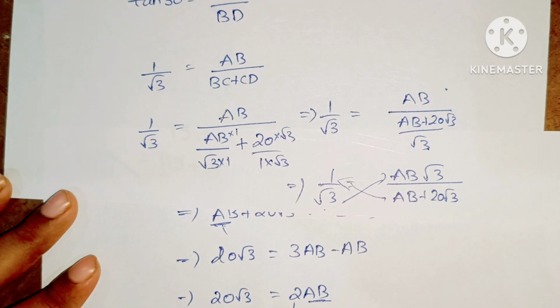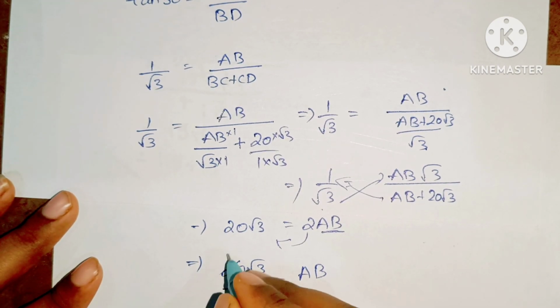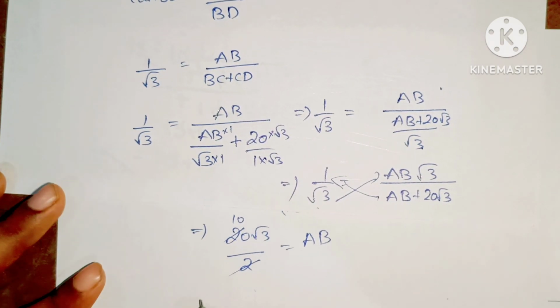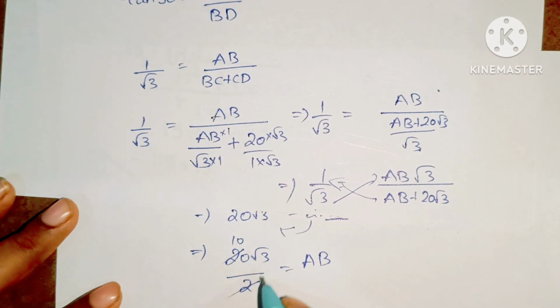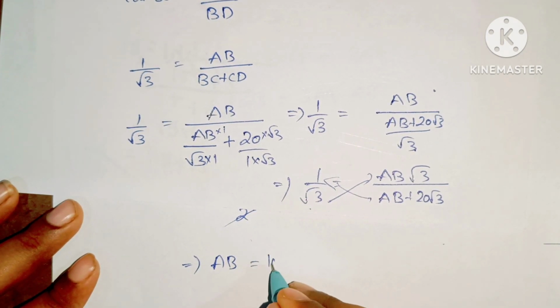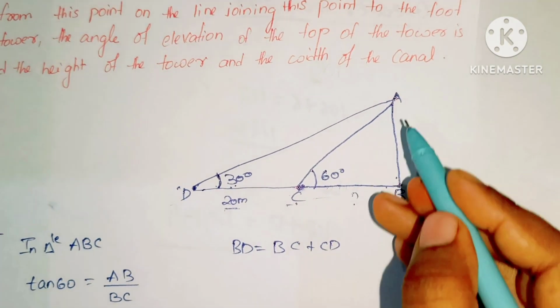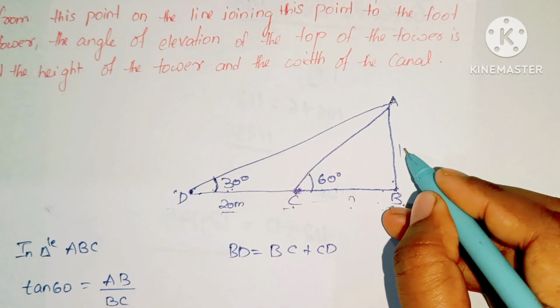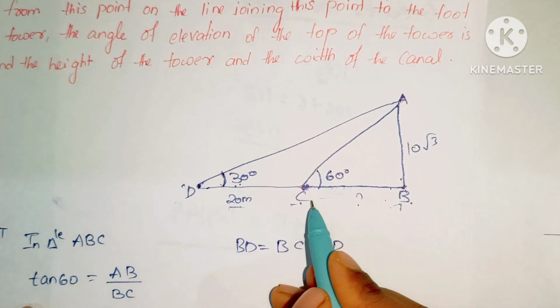Then 20 root 3 by 2 equal to AB. 2 in this how many times? 10. That means AB equals 10 root 3. So here you got AB, the height of the tower, 10 root 3.